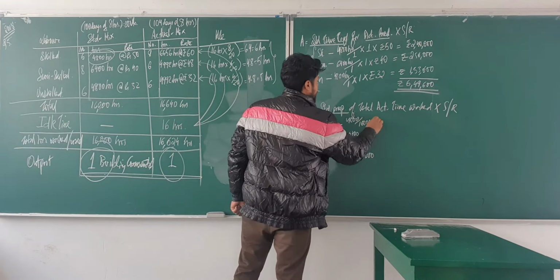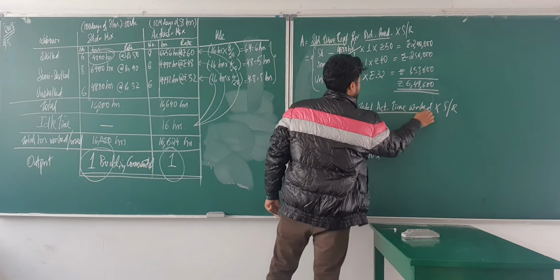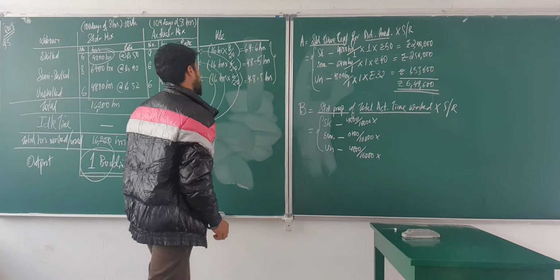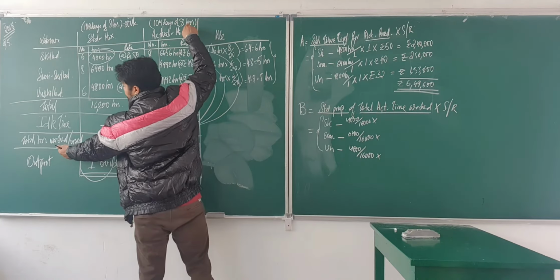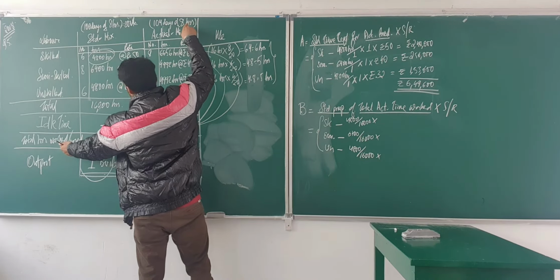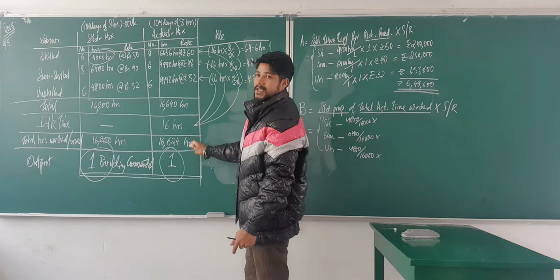Now multiply. Total actual time worked. Go to actual. Total hours worked or total hours used, both are indicating this.